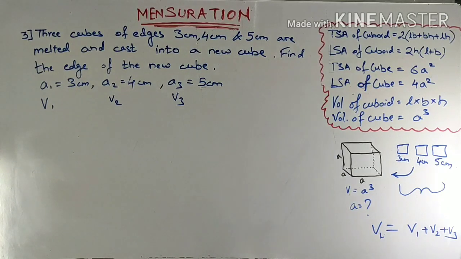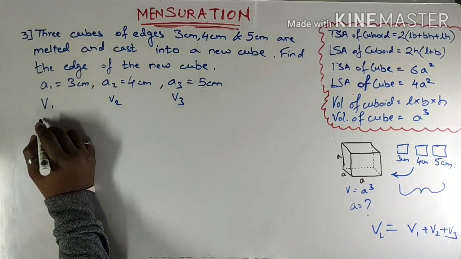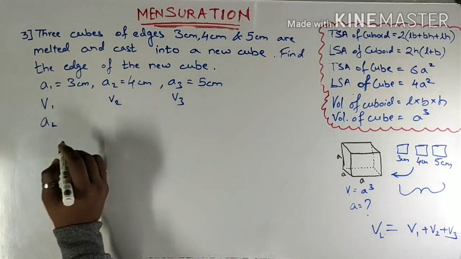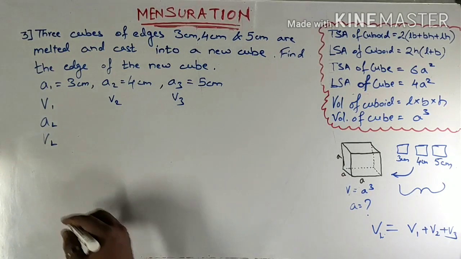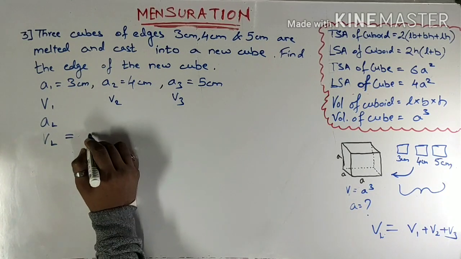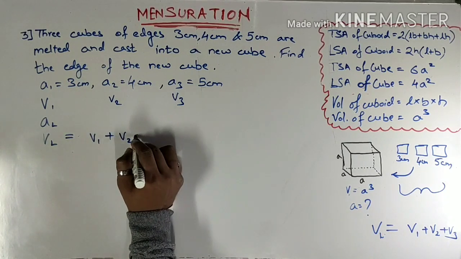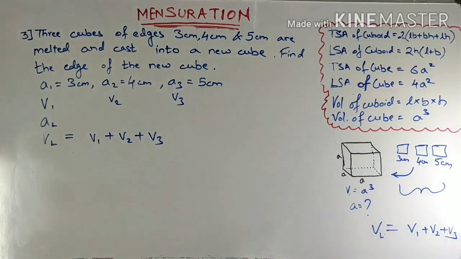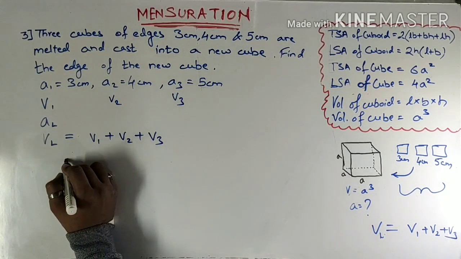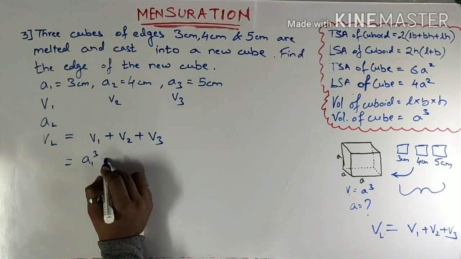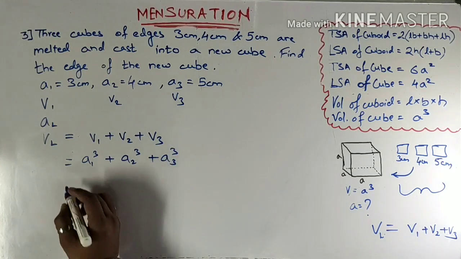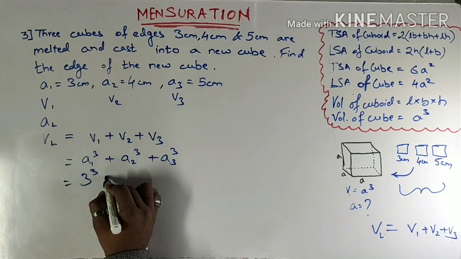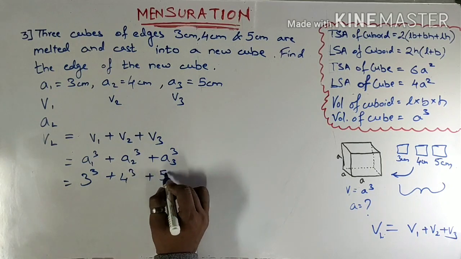So I choose to solve the whole problem in one go. Let the edge of the larger cube be AL and the volume of the larger cube be VL. So VL will be V1 plus V2 plus V3, that is A1 cube plus A2 cube plus A3 cube. Substituting the values, 3 cube plus 4 cube plus 5 cube.